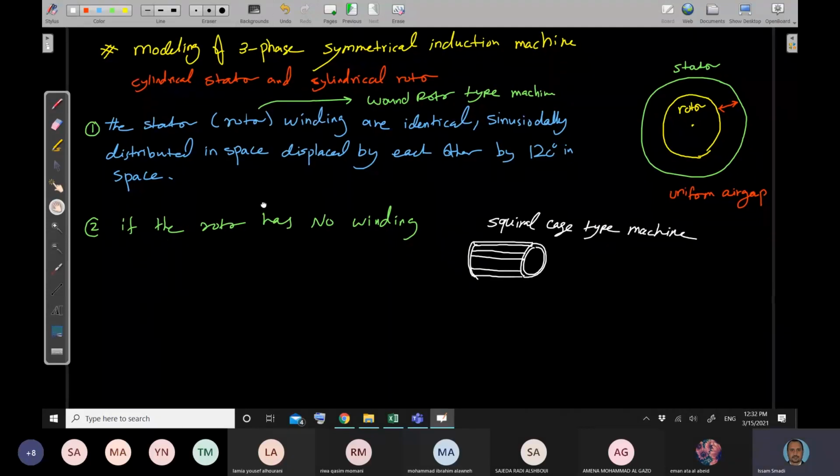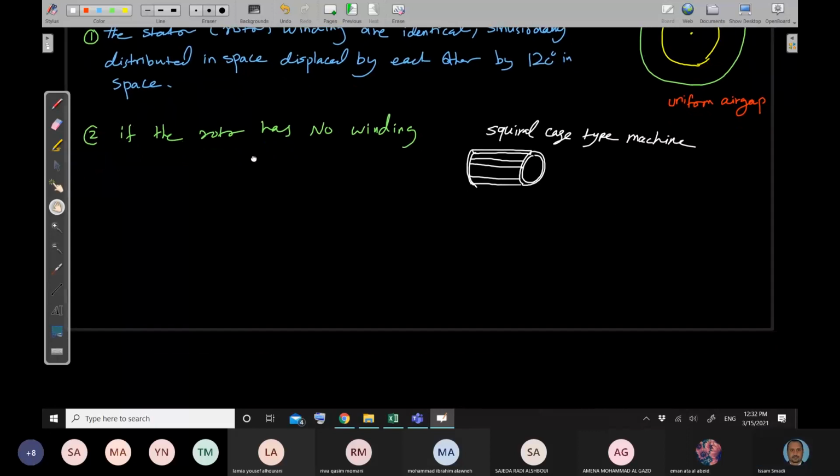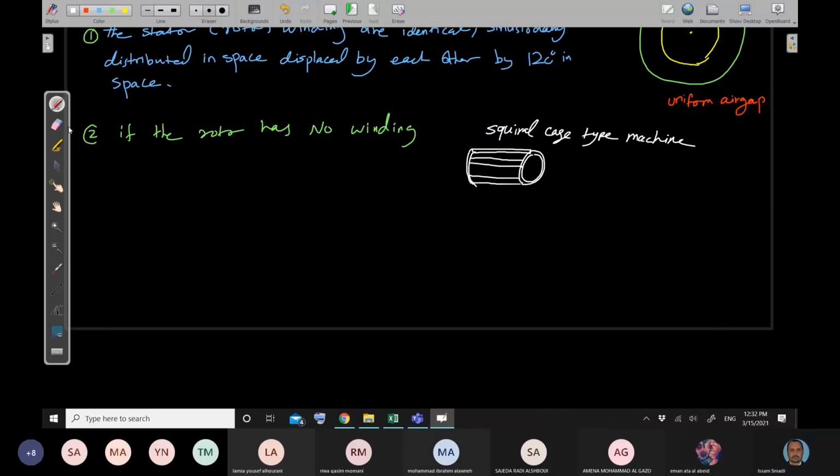So without loss of generality, if I'm assuming Y connected windings, then simply, this is the first winding, let's say. If I energize this winding by a voltage, let's say plus minus VAS, a current IS will flow, and an MMF will be generated.